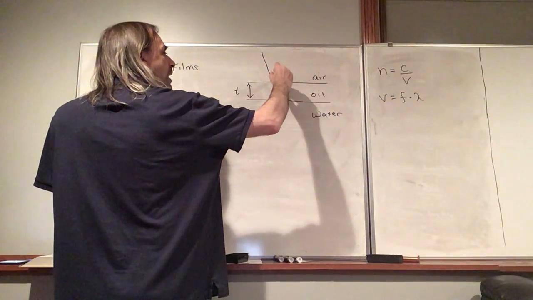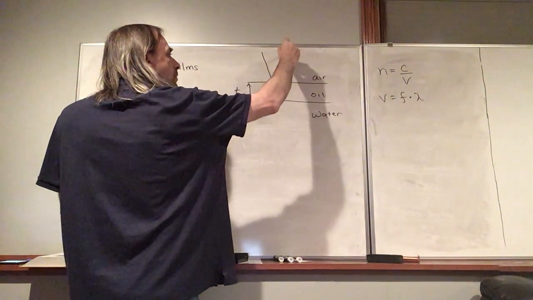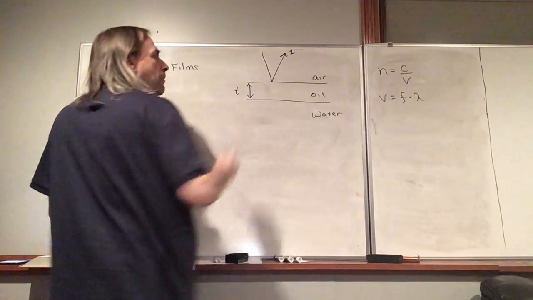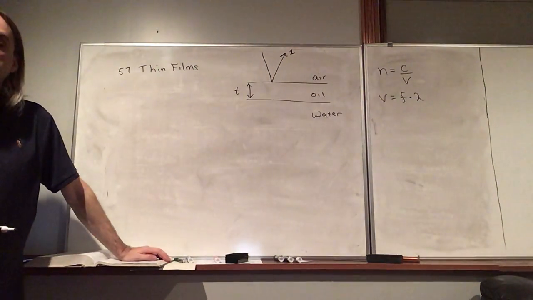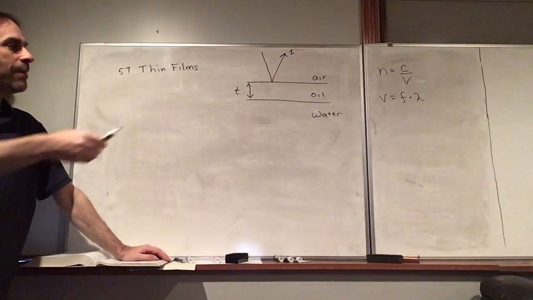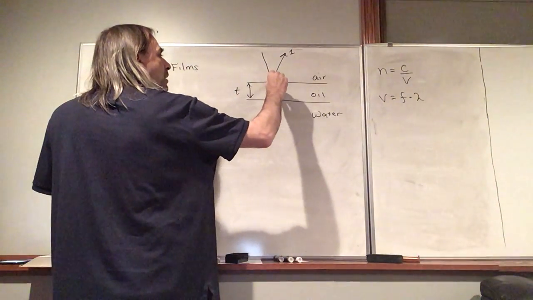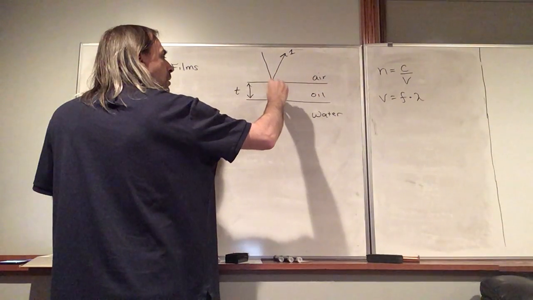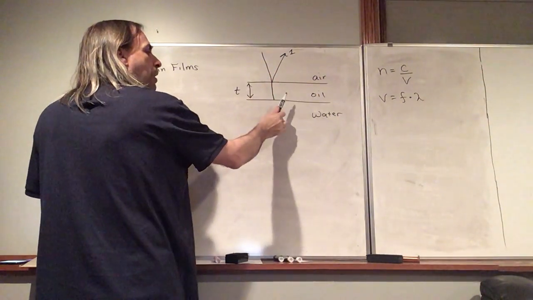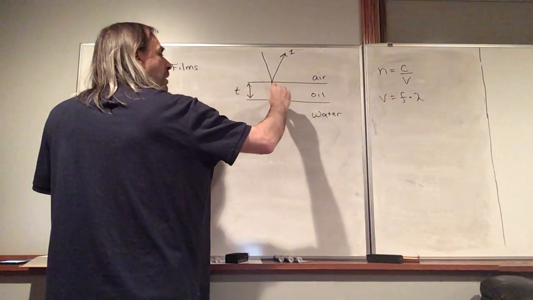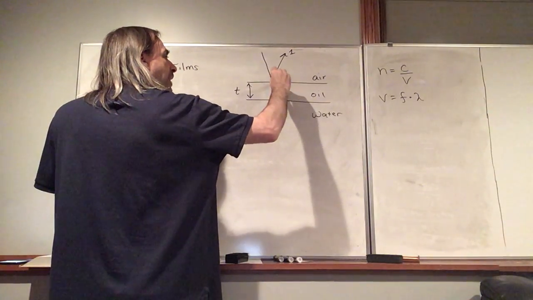So what happens is we get a reflected ray. Light reflects off of this first surface, and light is also going to transmit into the oil. So we're going to have light going down into the oil, and then it's going to hit the oil-water boundary, and it's going to reflect off of that.